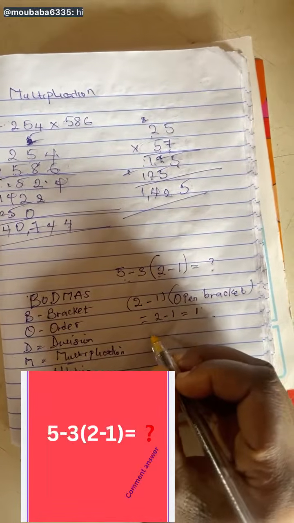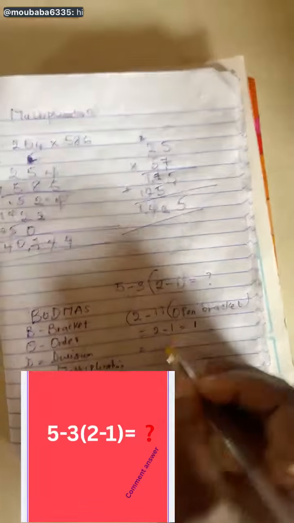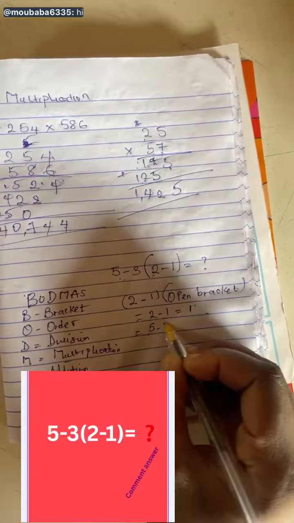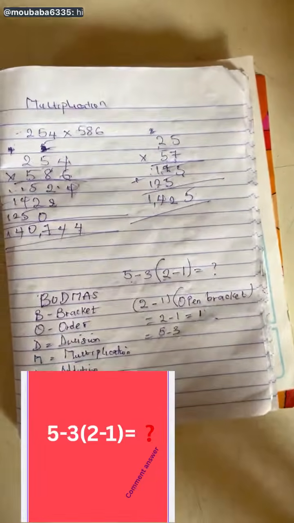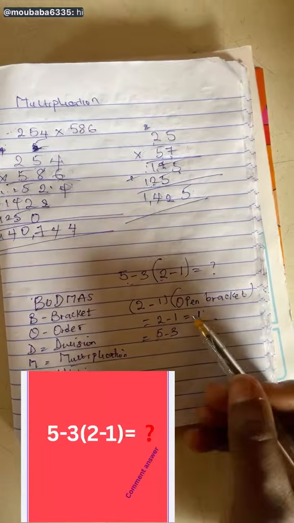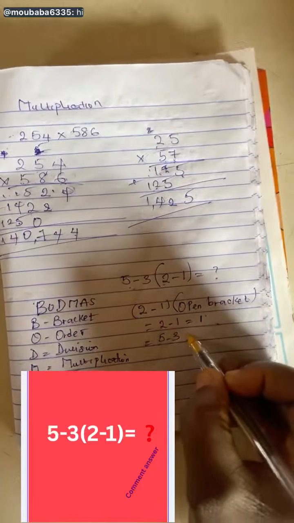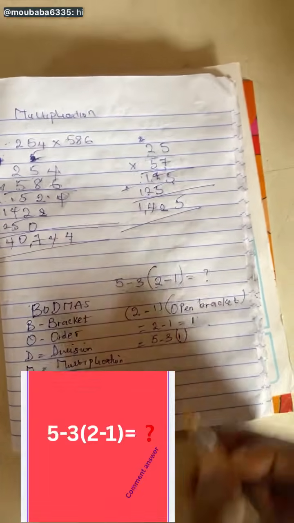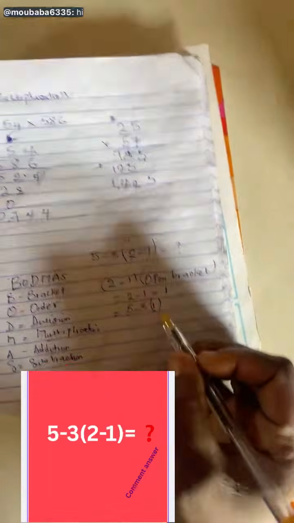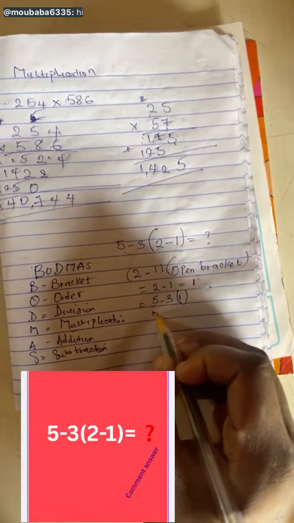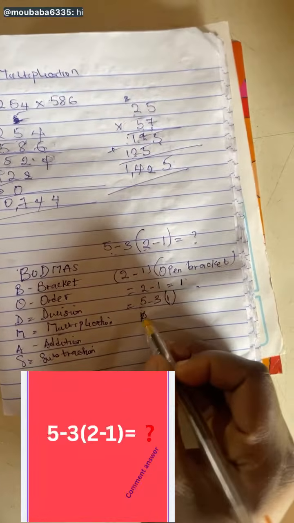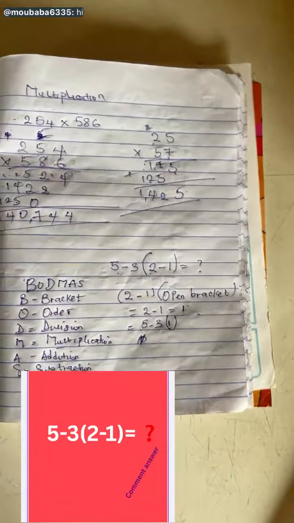Now, what is going to be there? We'll now bring down this 5 minus 3. Okay? We'll bring down the 5 minus 3 and now bring out this 1. Now after bringing it down, what are we going to do next?